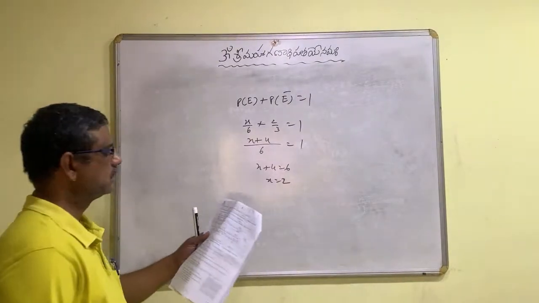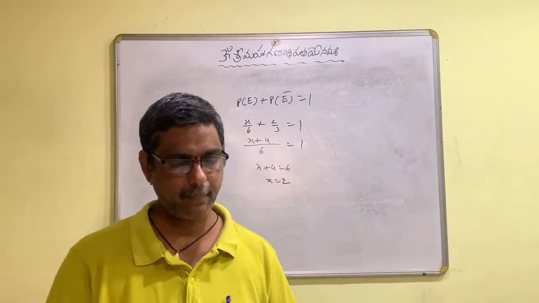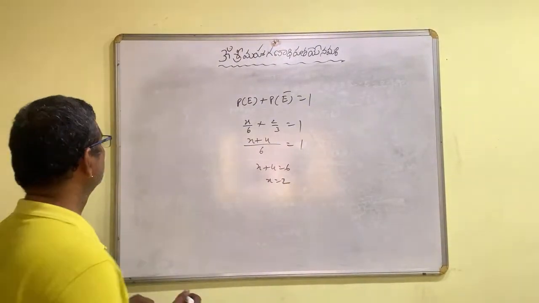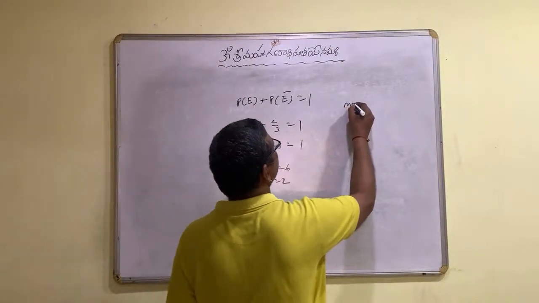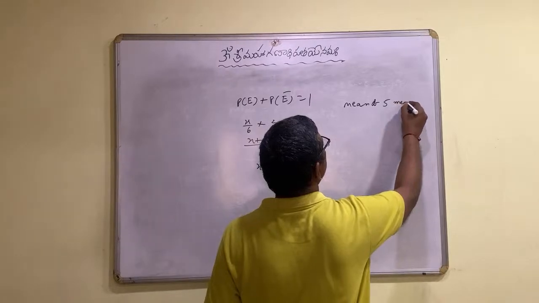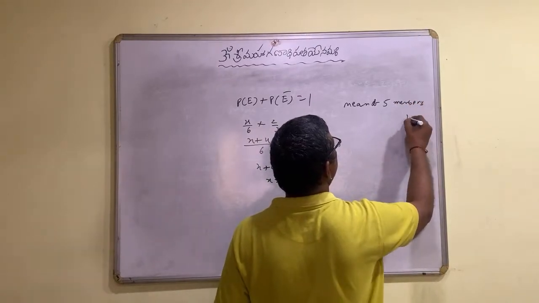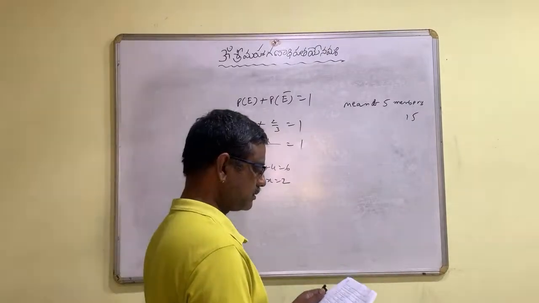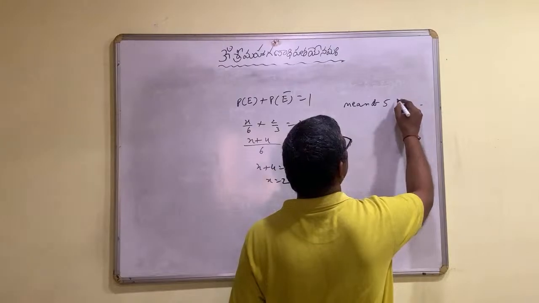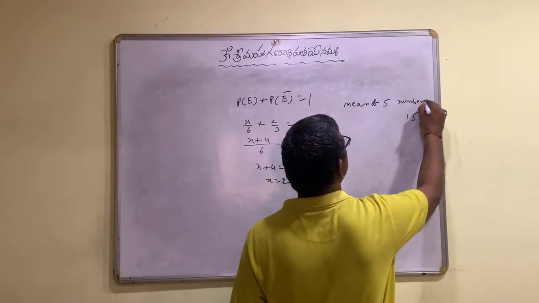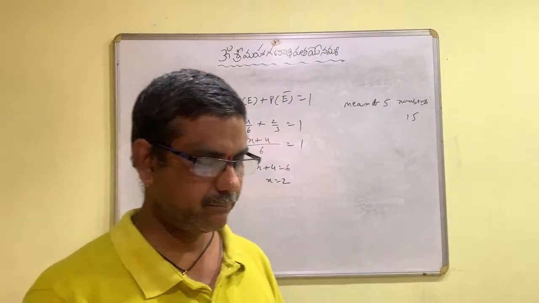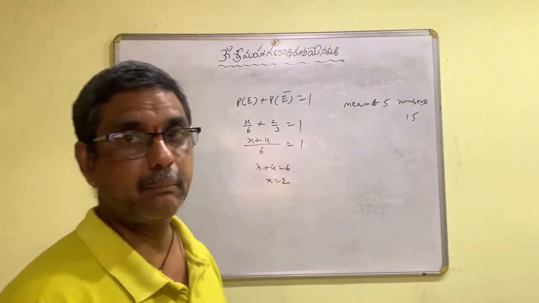Next, question number 11. The mean of 5 numbers is 15, and one more number is added, and the mean becomes 17.